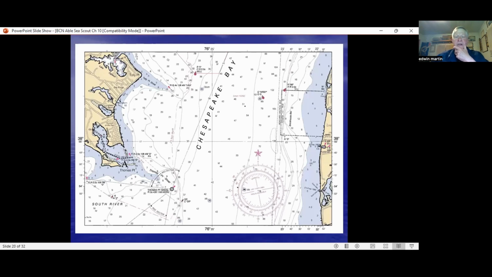So we start off with A, and because this is a DR plot, we want to go to B, we want to go to C, and then we're going to go back to A. A just happens to be that light. That light is in known position, therefore it is a fix, and it's marked like a fix with a dot and a circle.